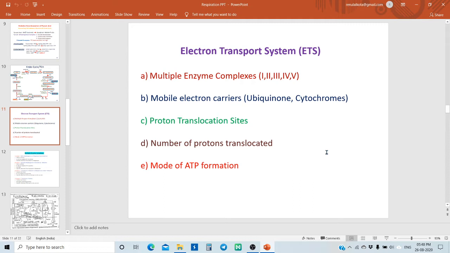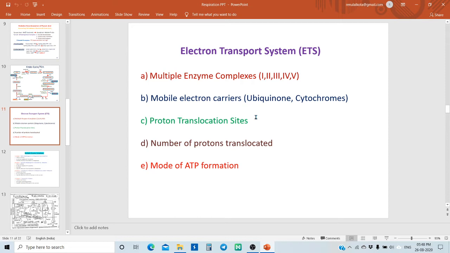During these processes a proton gradient exists, and this proton gradient acts as a proton motive force, which ultimately results in the formation of ATP. This process is explained by the chemiosmotic theory proposed by Peter Mitchell.